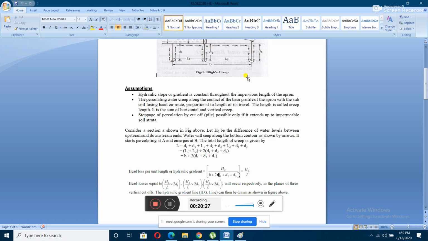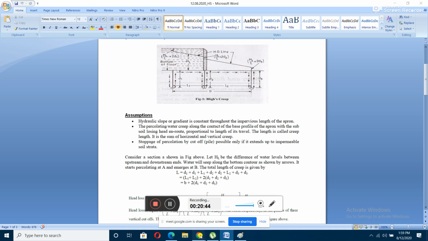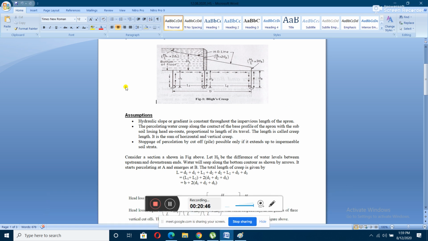But as you have inserted 3 piles, your total creep length will be equal to B plus 2 times D1 plus D2 plus D3. Everybody understood this one? Just tell me. Yes, sir. So the total creep length is this one.